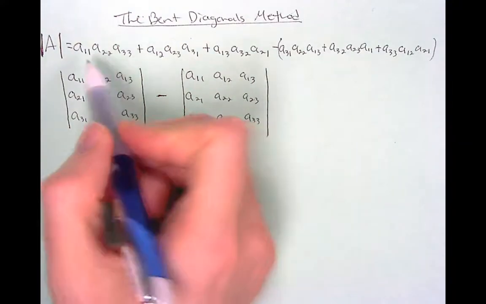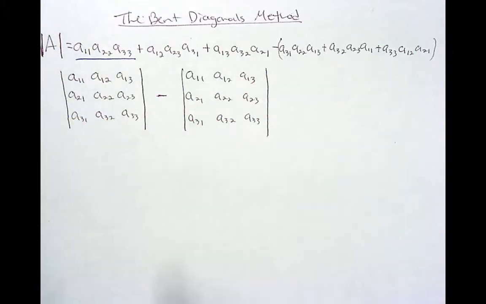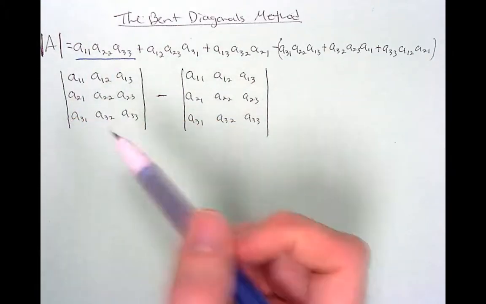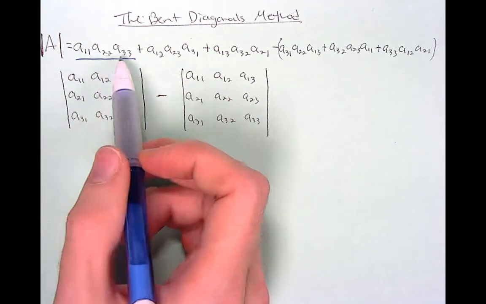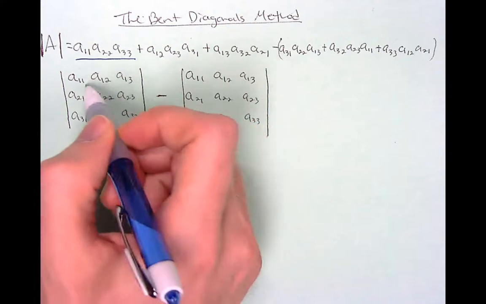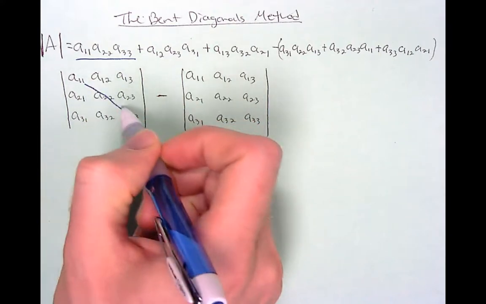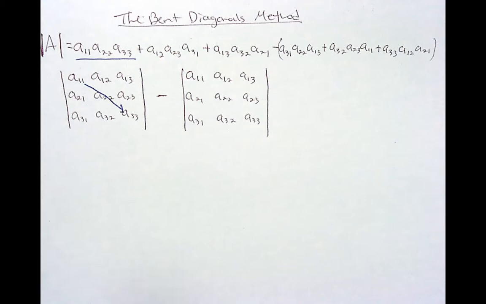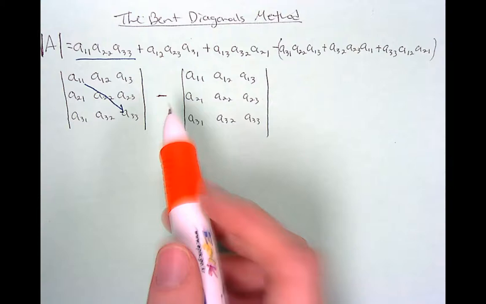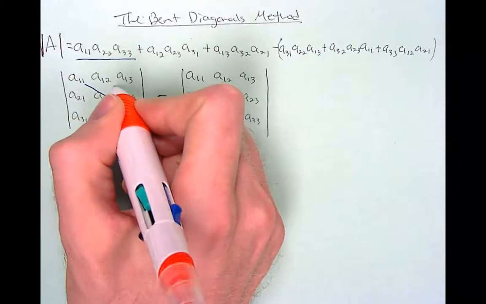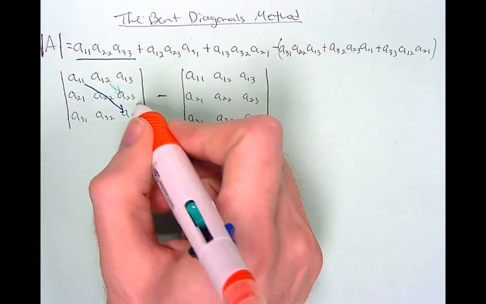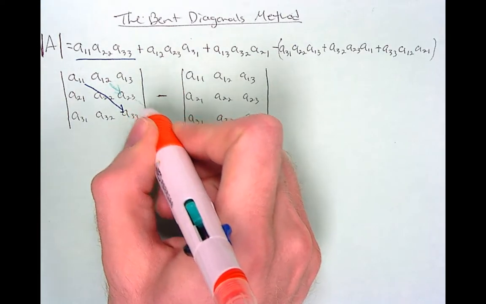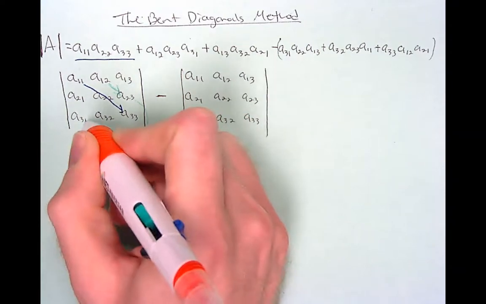So let's look at this first one here. I'm trying to use blue. It's going to be A sub 1,1, A22, A33, the product of that, which is just this diagonal here. Then you're going to add A1,2 times A2,3, this is going to be in green, times A3,1, so it's going to bend here.